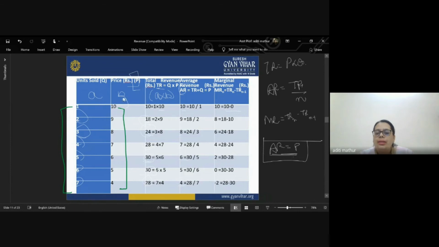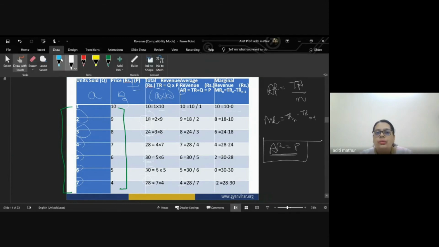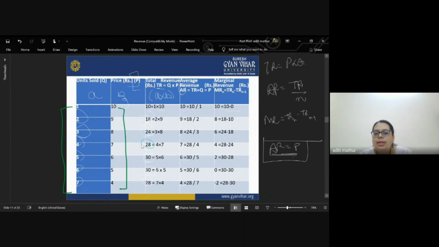Then 18 minus 10, 8. 24 minus 18, which is equal to 6. Then 28 minus 24, 4. 30 minus 28, 2. 30 minus 30, 0. 28 minus 30 is minus 2. Can you see this negative value? Minus 2. So we have incurred negative marginal revenue at our 7th output.